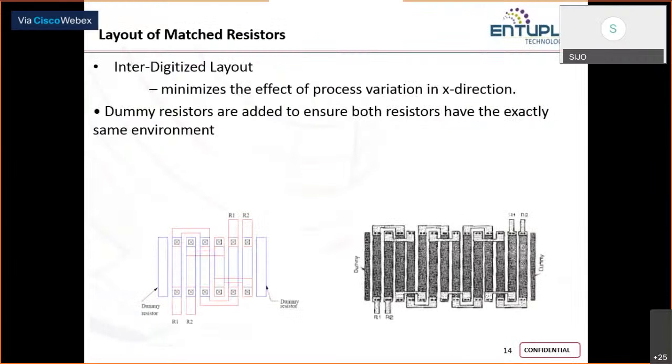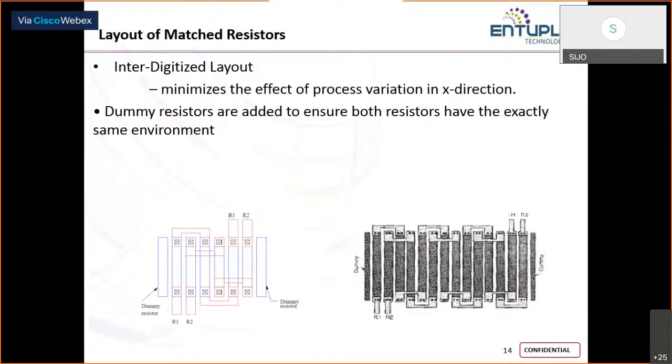Yeah. So the layout of matched resistors is what we have shown here. It is basically an interdigitized layout, which minimizes the effect of process variation in the X direction. How it minimizes the variation, and what interdigitization is, we will come back to in the coming slides. Just keep in mind we are doing interdigitization here.